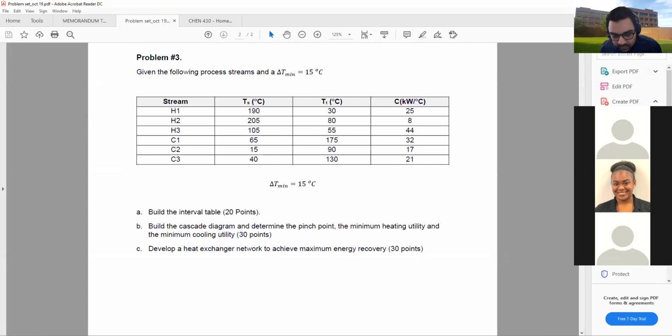So let's go through the steps for this system, and let's design this problem. So let me move to the whiteboard here. Okay, so this is problem number 3 in this set.